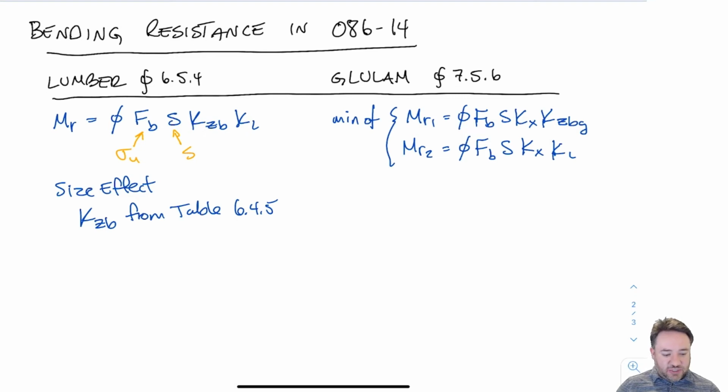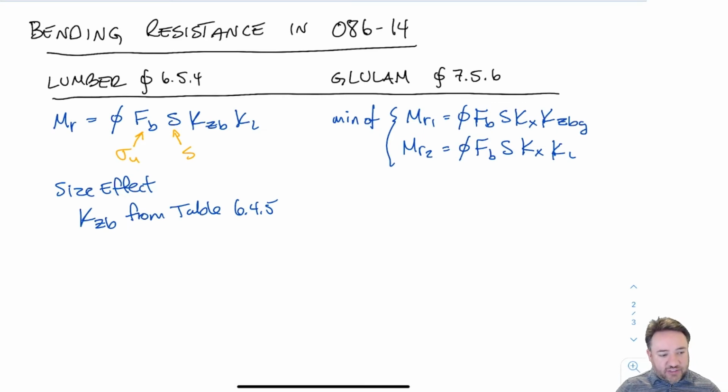But the effect has been shown to occur experimentally. So that means that size effect in glulam is a tension side only phenomenon. It occurs because of a mechanism that is failing beams early when they're deeper on the tension side near the end of a tension zone.